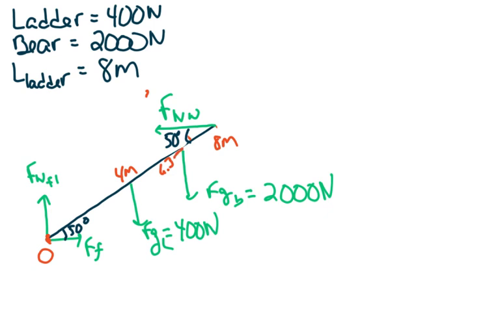So then the normal force from the wall, well, that is not perpendicular to the ladder. Remember, in order to calculate torque, we need the perpendicular piece. So the perpendicular piece of that normal force is there, and then it also has a horizontal piece going that way.